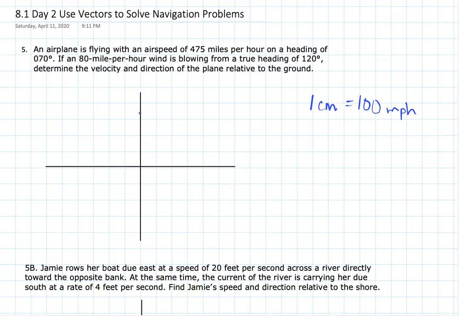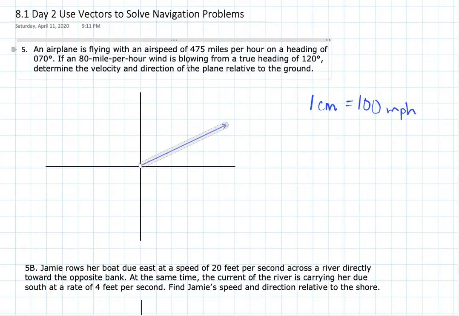So I'm thinking something like right along here. So I'll get myself an arrow and draw. And I need almost 5 centimeters worth. 1, 2, 3, something like that. Yeah, something like that. Okay.